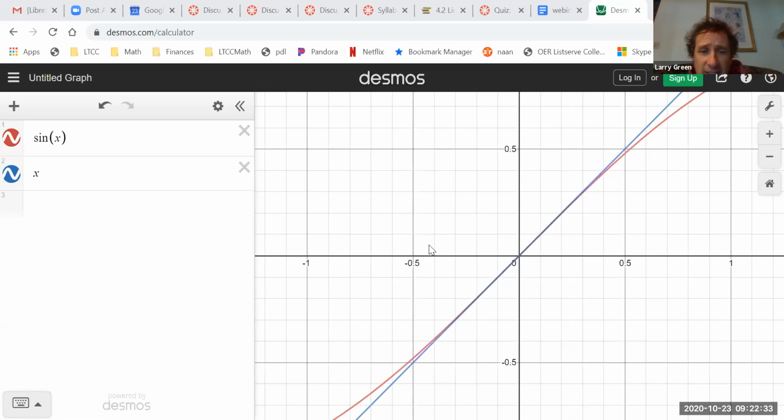Okay, and the answer is, if you had to get the exact value of the sine of 0.01 without using a calculator, it's fruitless. You'll never get there. Do you agree? But if we know that for small x, the sine of x and x are the same thing, I can say that the sine of 0.01 is about 0.01.